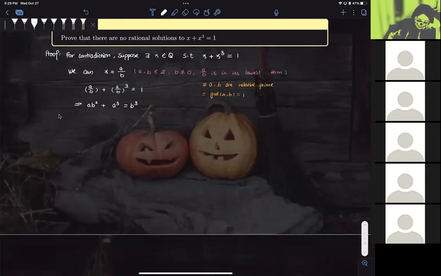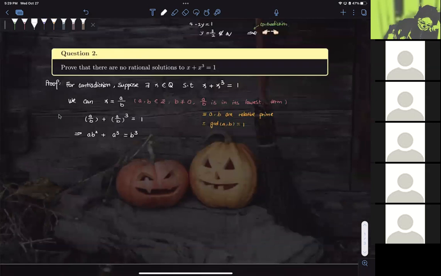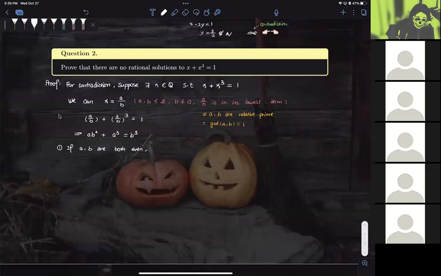Now, what you need to do is discuss cases. First case, a and b are both even. Then they are not relatively prime anymore, right? Because they have a common divisor that's not 1. They have 2 as a common divisor. So that contradicts this.